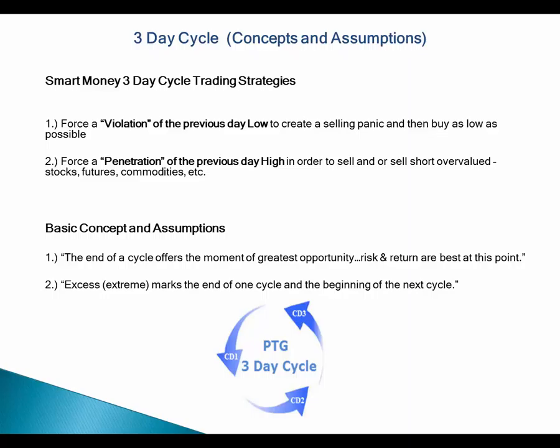So simply, the basic concept and assumption for the 3-day cycle is that the end of a cycle offers the greatest amount of opportunity. At the end of a cycle day low or a cycle day high on cycle day 2 or cycle day 3, that's where the greatest amount of opportunity is. In other words, the risk-reward ratios are most favorable.